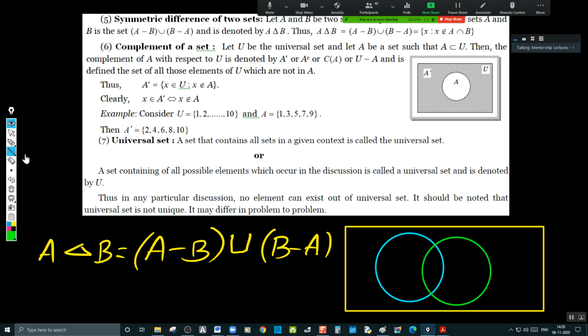For A minus B union B minus A, we will be mentioning it as this one.